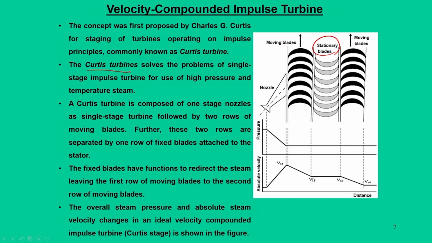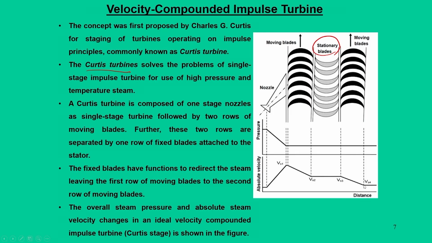If you look at velocity, the drop happens only in the moving blades. Here, from the first stage of moving blade we go from Vs1 to Vs2, then the stationary blade does not do anything, there is no change in velocity. Then through the second row of moving blades it changes from Vs3 to Vs4. Through this process the velocity drop happens.